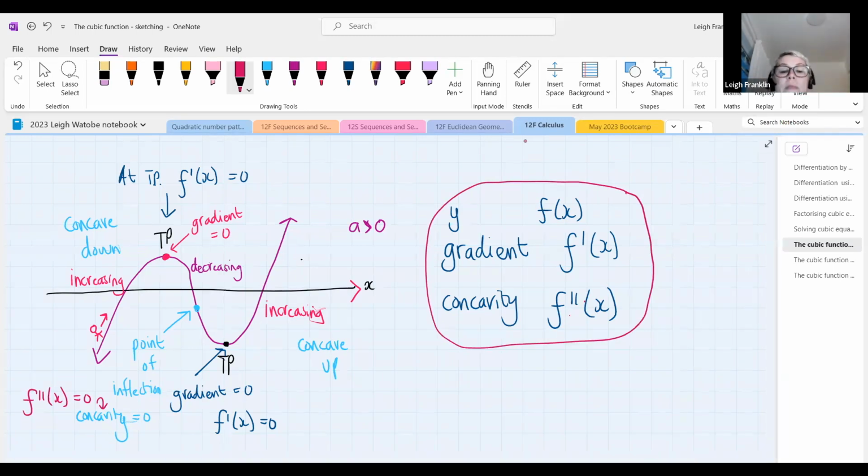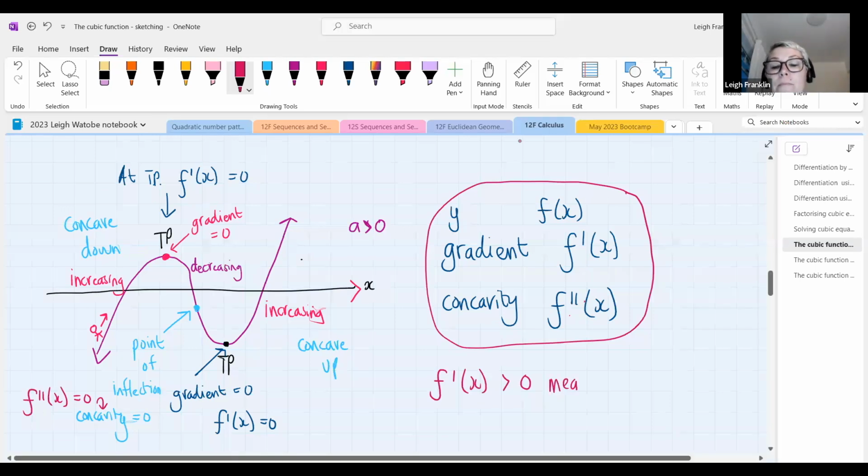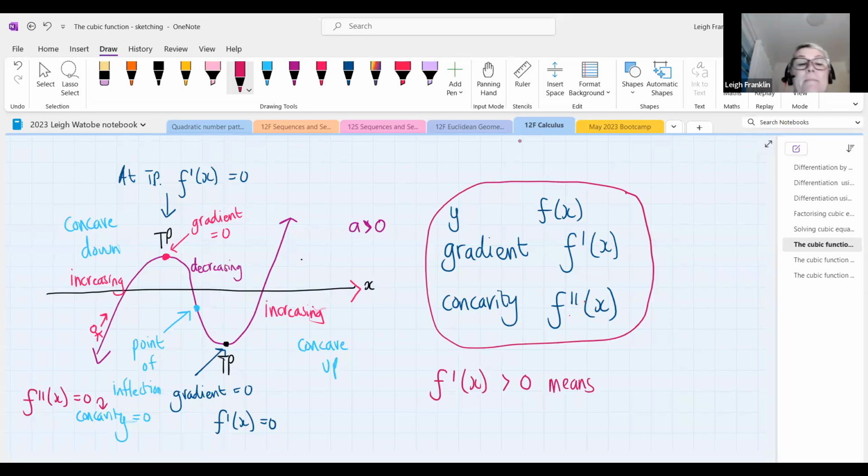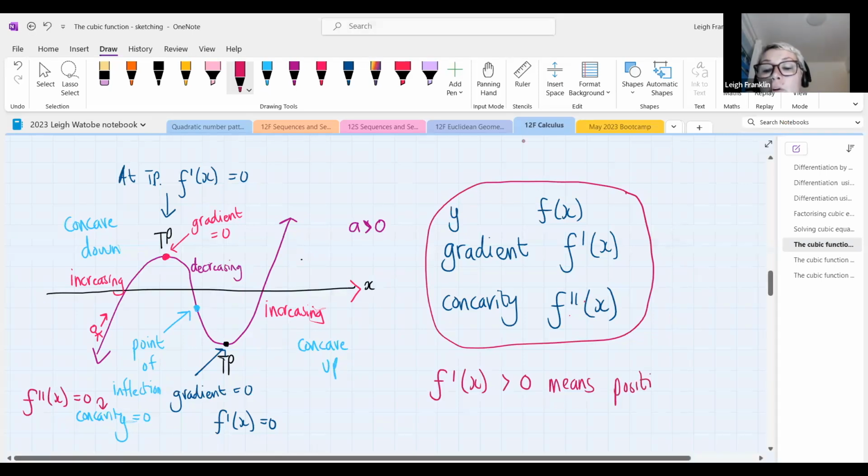So when they write something like this, what does that mean? What does f prime x greater than 0 mean? That's it, Nhlanhla. Well done. It means a positive gradient. Good.